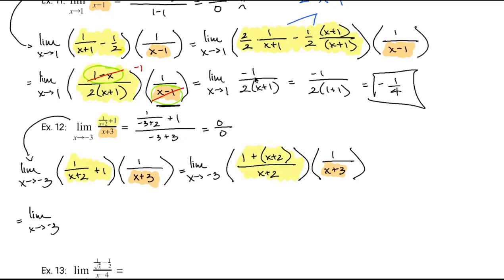All right, let's start to clean this up and see what we get here. So my new numerator is now going to be x plus 3, because 1 plus x plus 2 is x plus 3. That is fantastic, because my denominator now has two parts, x plus 2 and x plus 3.